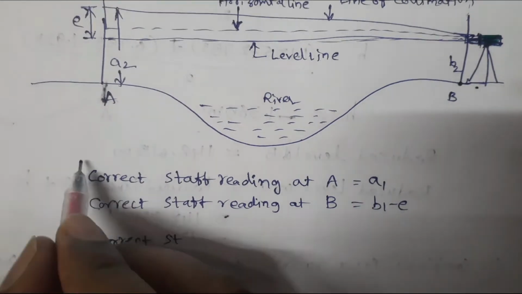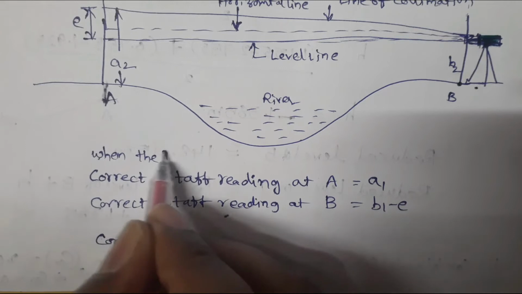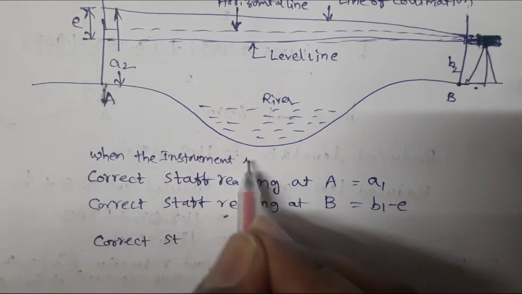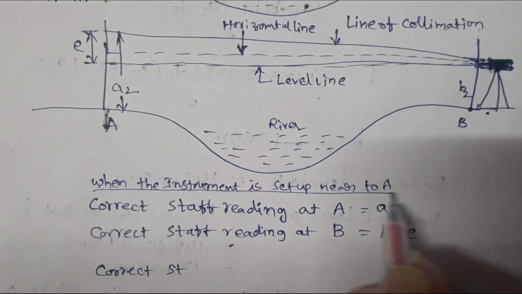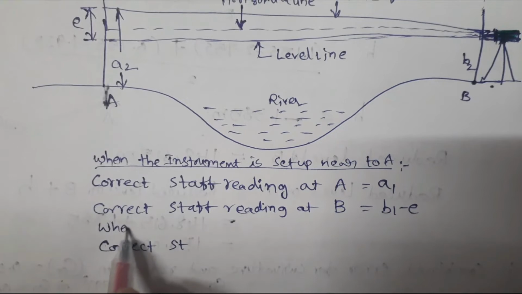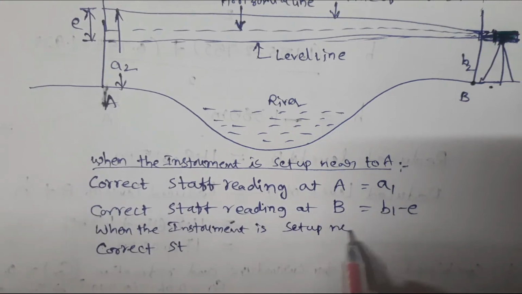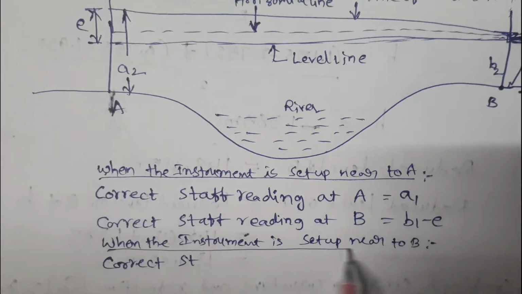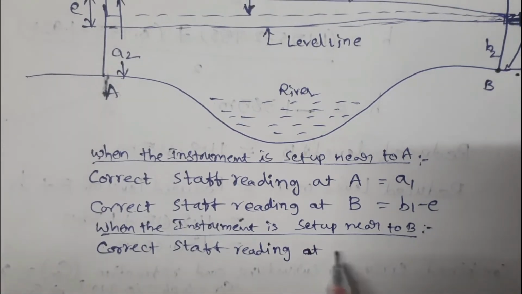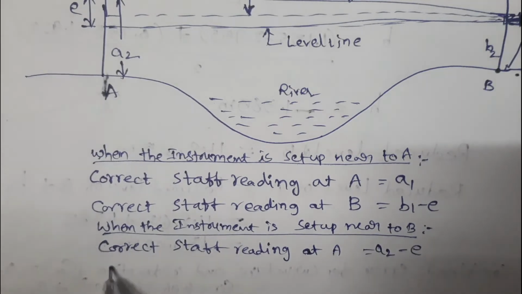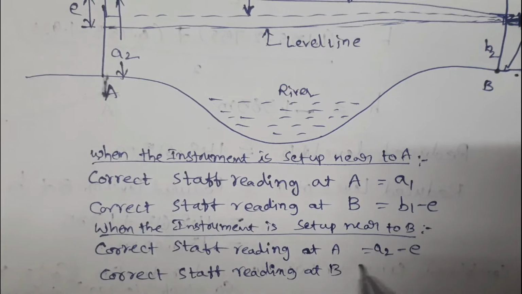Correct staff reading when the instrument is set up near to A: the correct staff reading at A is A1 and at B is B1 minus E. When the instrument is set up near to B: the correct staff reading at A is equal to A2 minus E, and the correct staff reading at B is equal to B2.